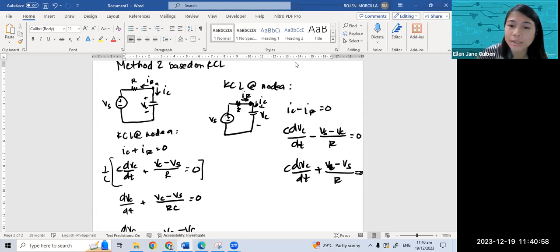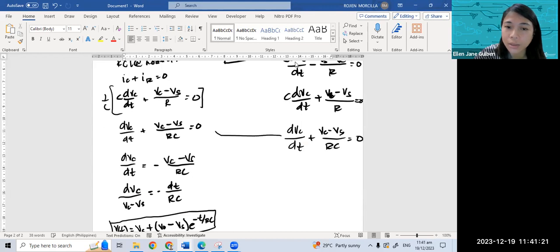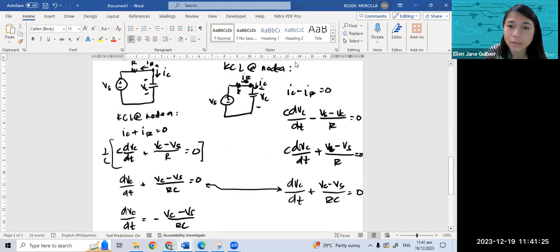So they are the same. Okay, they are the same right here. Let's simplify now: dVC/dt plus (VC minus VS) over RC equal to 0. So now they are both the same. Okay, that's another method.